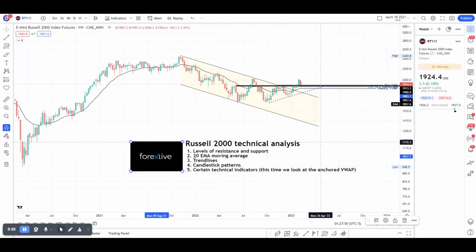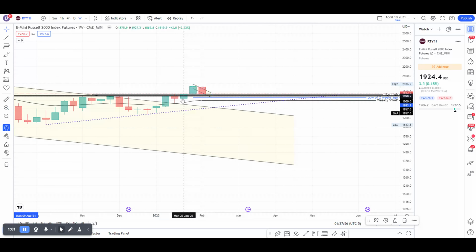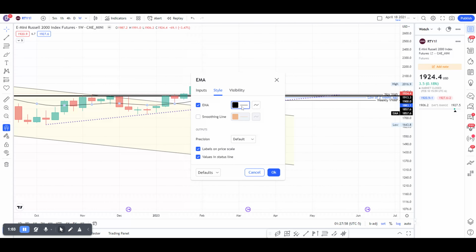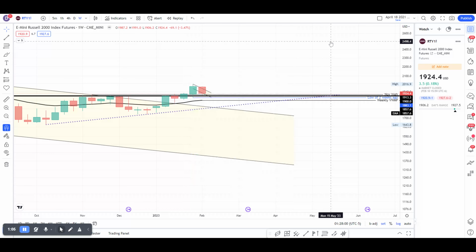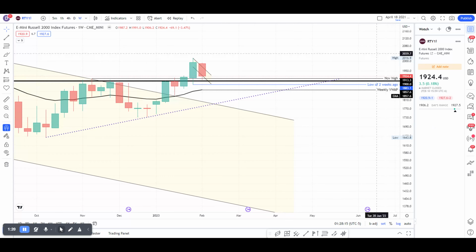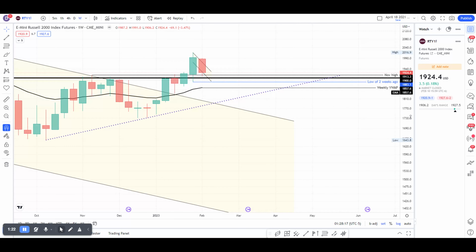We also have the 20 EMA moving average, which is currently, let's make it a little bit more prominent, at 1,857.6. So that is definitely an important support that a lot of algos and traders are looking at.